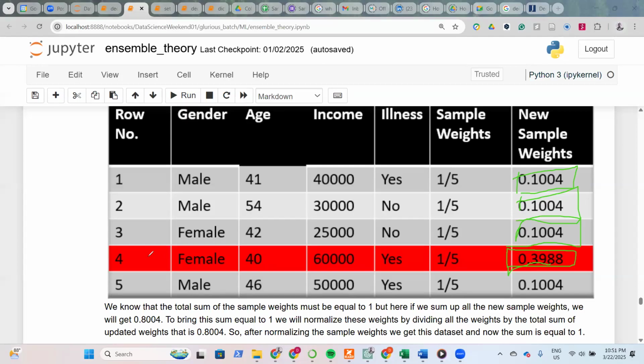And that's why the wrongly classified record has its own new weight, a bigger weight than all the ones that were correctly classified. Again, remember, our target is to point out the records that have not been well classified.